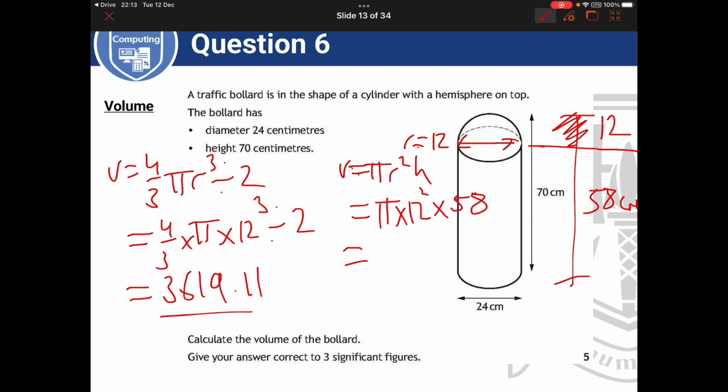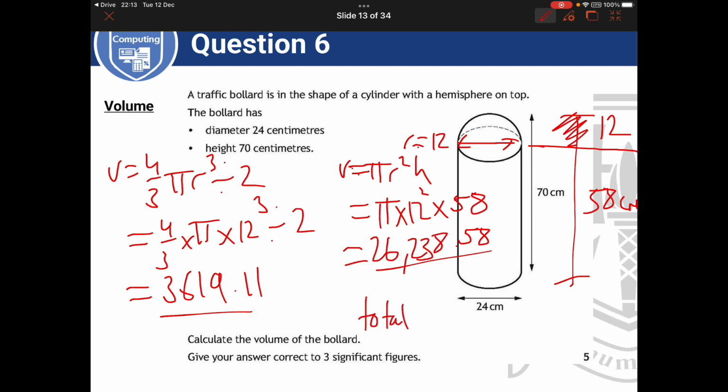So let's stick that in our calculator. Pi times 12 squared times 58. And the volume of the cylinder is 26,238.58. So that's the cylinder. Now let's get the total volume of the shape.